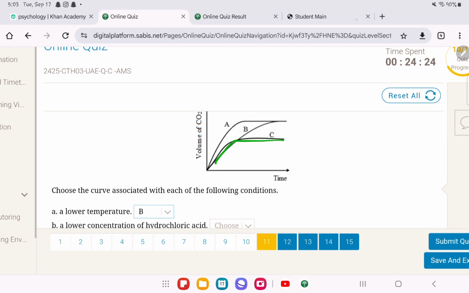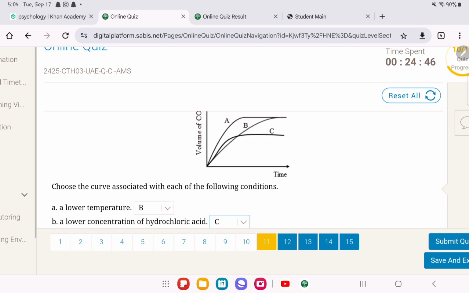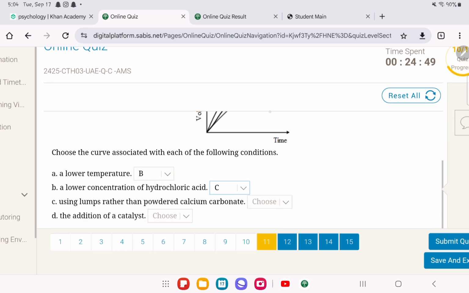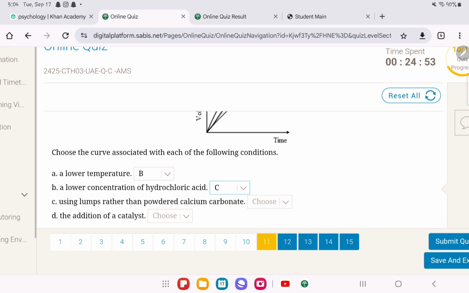And they both decreased from the initial one, which was A. I'm assuming it was A. So it's way decreased. It's totally different from this one, a different plateau and a different slope. So it means that if you play with the concentration of the limiting reactant, or with an acid, it's gonna decrease both the slope and the plateau.